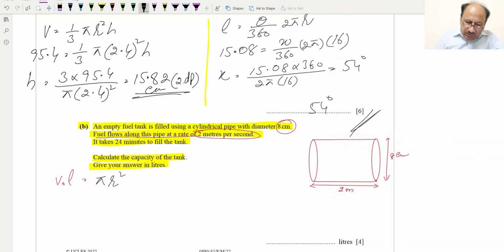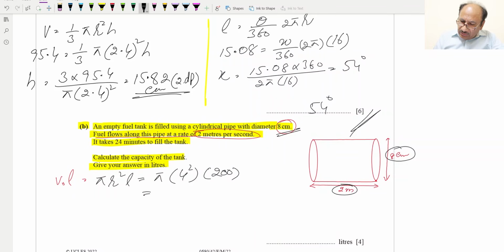pi r squared h. This is basically the cylindrical portion, so pi, and r is half of the diameter, so it will be 4 squared, and the length is 2 meters. We will write it in centimeters because this is centimeters, so it will be 200 centimeters.